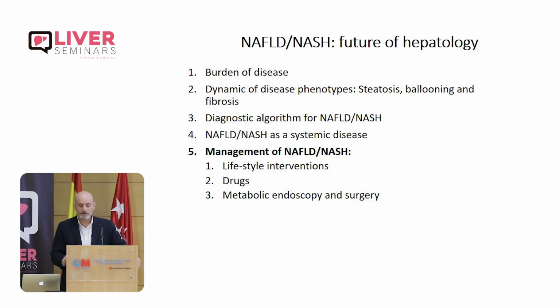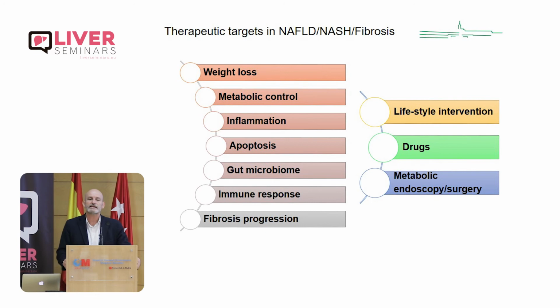Finally, the management of NAFLD-NASH. We have a lot of things to do in clinical practice. Of course, the hallmark is weight loss. We need to promote weight loss. If the patient loses weight, we are doing the best for them, but also we can try to control metabolic disorder, like using anti-diabetic drugs.